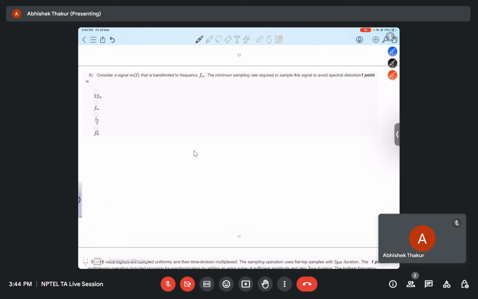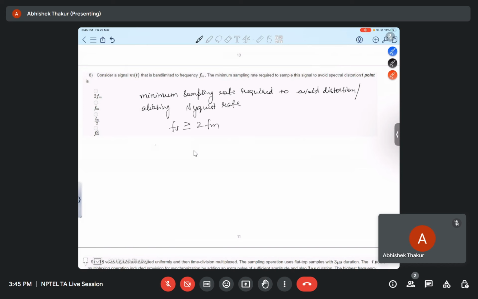We have already studied that the minimum sampling rate required to avoid distortion or aliasing is the Nyquist rate. So the sampling frequency should be greater than or equal to 2 Fm.